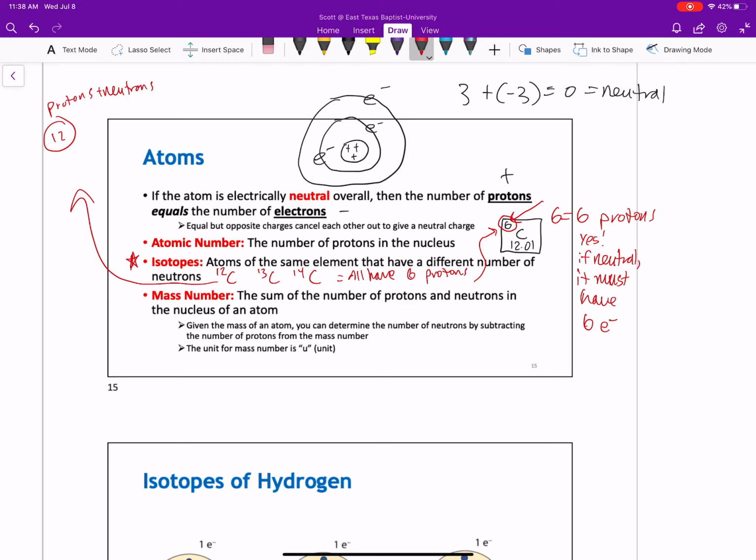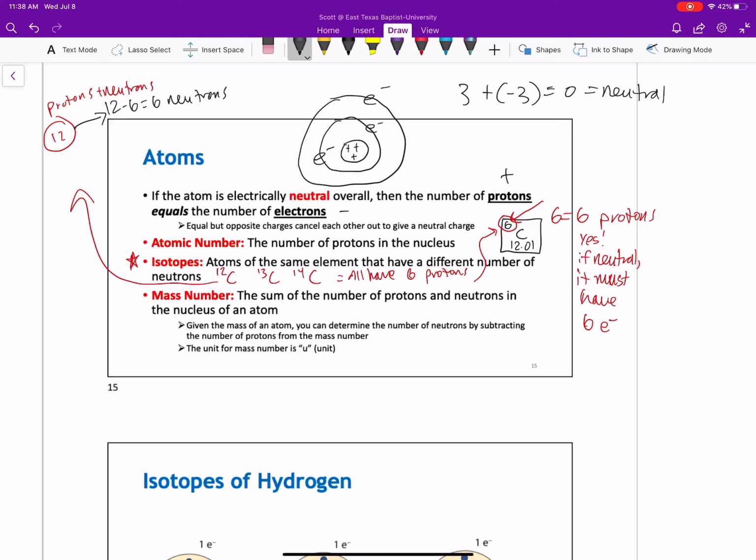Well, we know that in order to be called carbon, it must have 6 protons. And so 12 minus 6 equals 6 neutrons left over. I know that because I told you it's carbon-12, so I'm going to take that as my original number. I'm going to subtract out these 6 protons, which leaves me with 6 neutrons.